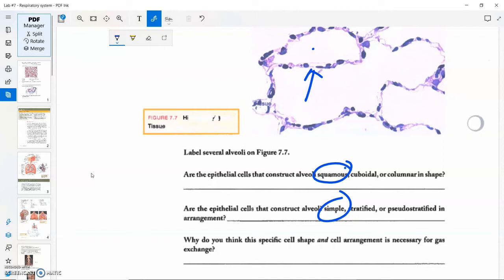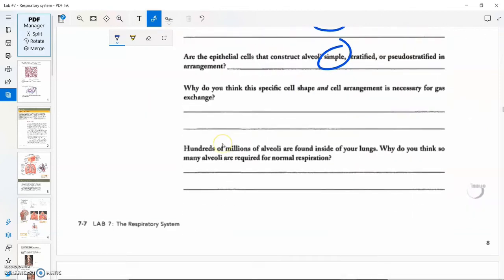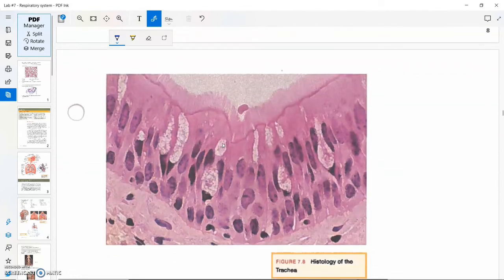This simple squamous epithelium is very thin and provides a good passage for diffusion of respiratory gases in and out of alveoli. This thin barrier facilitates diffusion very well. So, in order to have normal, efficient respiration, millions of alveoli provide an enormous surface area for successful gas exchange between the inhaled air and the pulmonary capillaries.